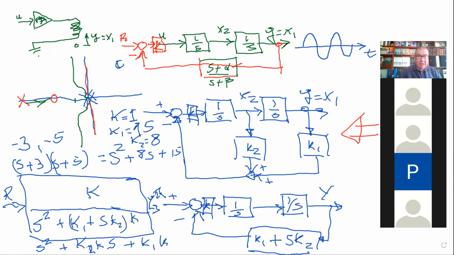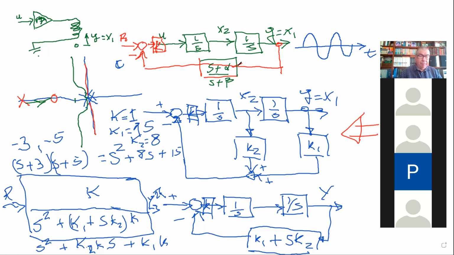Instead, if we have feedback from the output, then we have to use some tricks, like adding some zeros and poles. The poles are needed, so it's less flexible. Using the state is much more flexible.